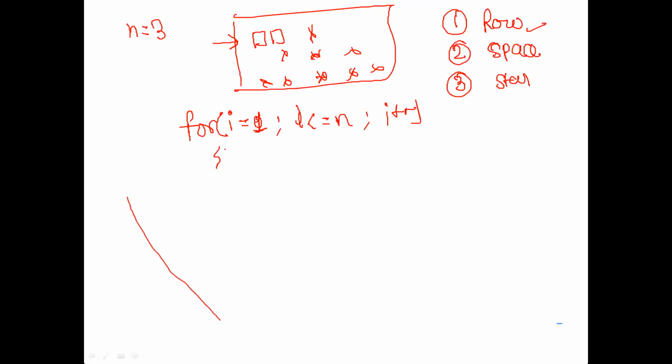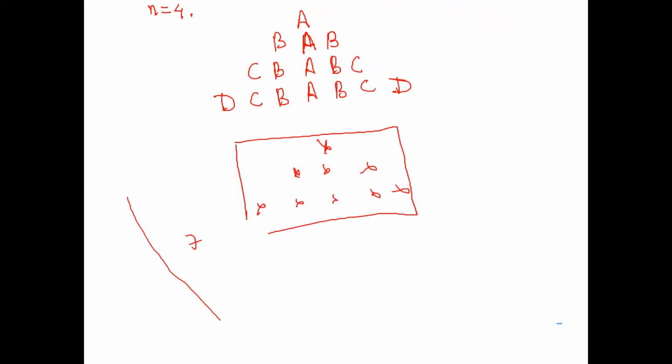After coming into the row, the next task is to print the spaces. You can see the first row has 2 spaces, the second row 1 space, the third row 0 spaces, if the total number of rows is 3. Now notice the pattern I have given you.